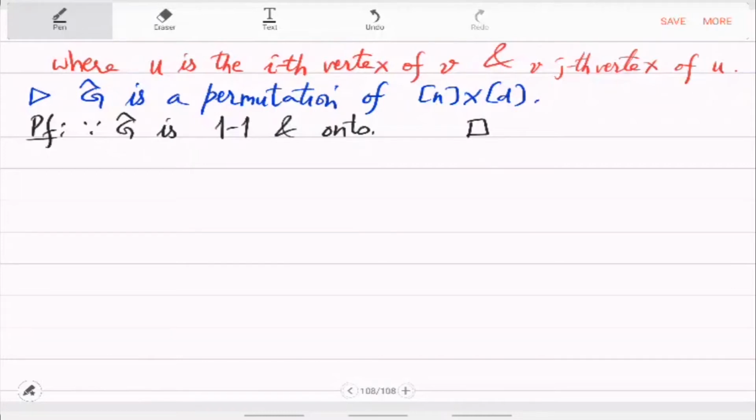It's onto because of connectivity, I guess. Do you need connectivity here? Yes, I think you need some weak form of connectivity. So because of that, it's both 1-to-1 and onto.